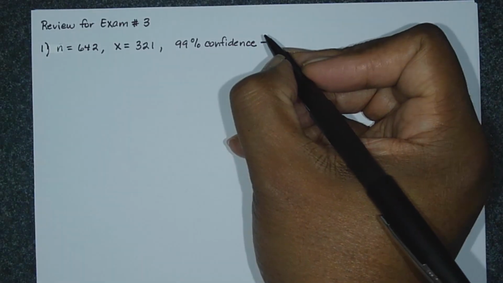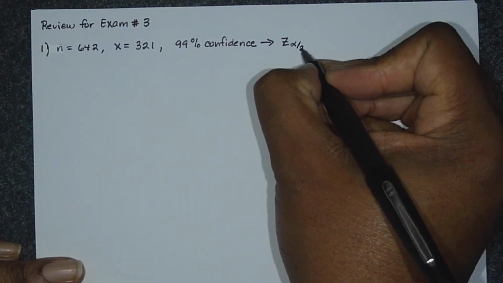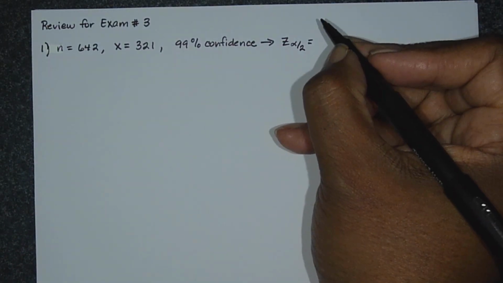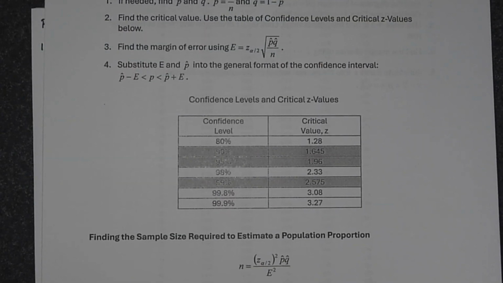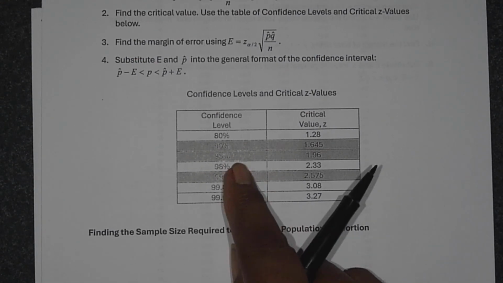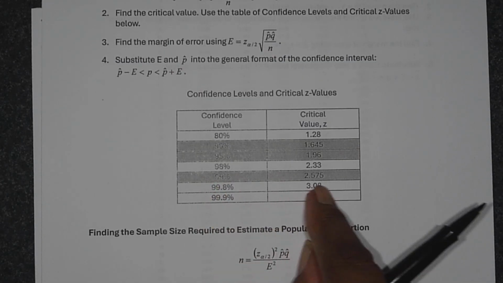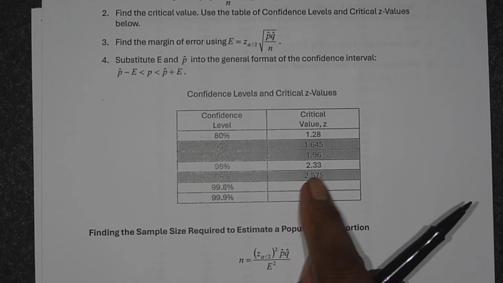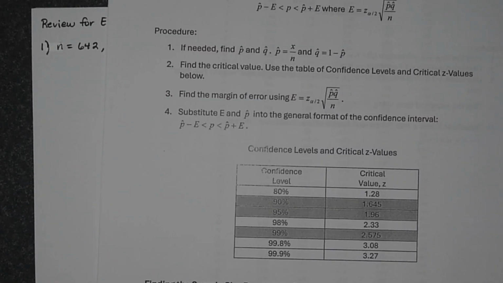Okay, so that means we need to find out what our critical z-value is. And that is going to come from this table right here, the confidence levels and their critical z-values. So if it's 99%, that's one of the three most common critical values. 99% means that the critical z-value will have to be 2.575.